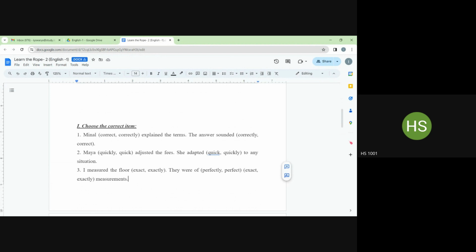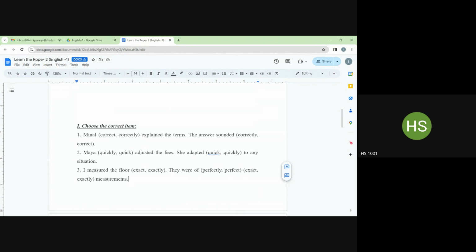But if I keep them next to each other, like correct answer, then this is called an attributive use of adjective. Did you come across these terms in the lecture? Predicative and attributive? I think it should be there.